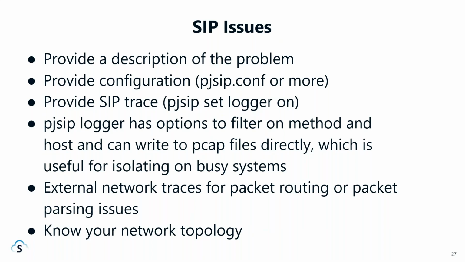Something else that a lot of people neglect to actually think about or know is knowing your network topology. SIP as a protocol is just a mess when it comes to embedding IP addresses and routing within the SIP traffic itself. And so knowing the network topology is also critical. A good example of this is when it comes to I'm getting an incoming call and it disconnects after 32 seconds.